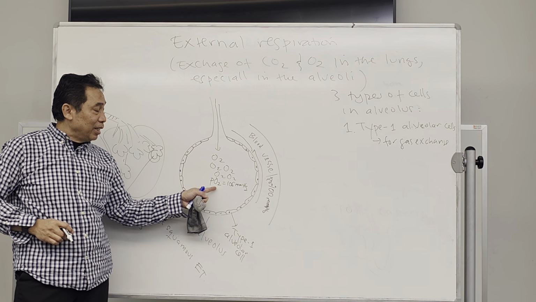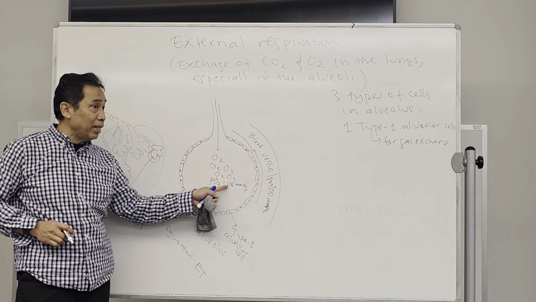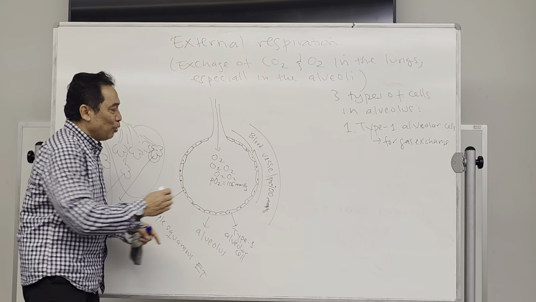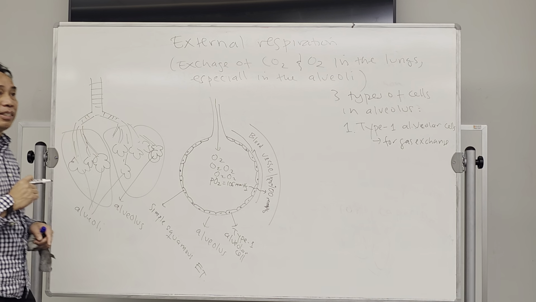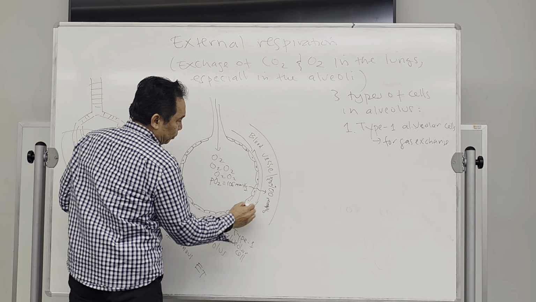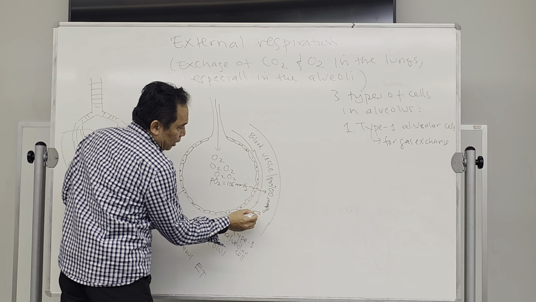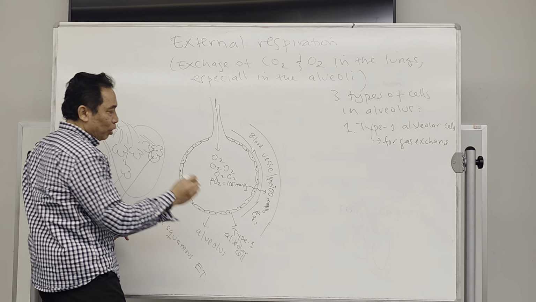Therefore, the gas, in this case oxygen, will move from the higher pressure, 105, to the lower pressure through this alveolar type 1 cell. The type 1 alveolar cell is used for gas exchange. You get this one? Now, again, also remember in the blood over here, the carbon dioxide pressure is about 45.